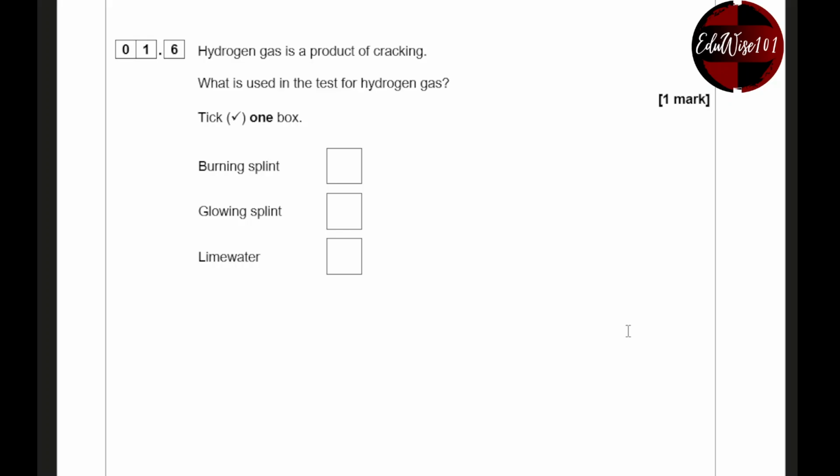Hydrogen gas is a product of cracking. What is the test for hydrogen gas? Now the way you test hydrogen gas is by using a burning splint, right? If you manage to collect the gas in a test tube and you introduce a burning splint, it makes a pop sound, or squeaky pop actually.